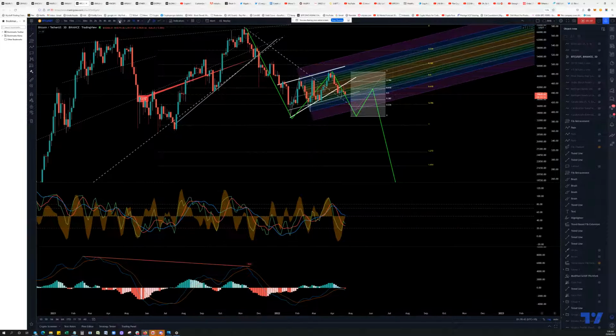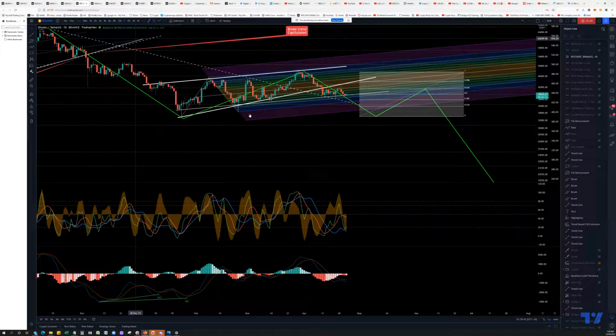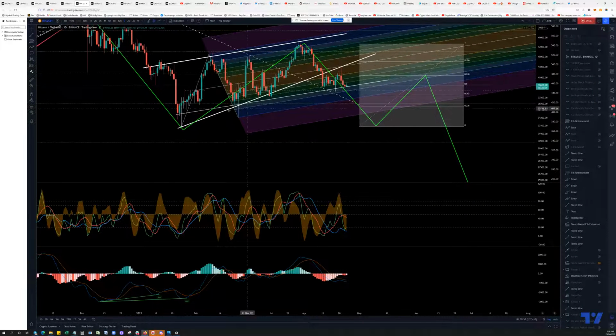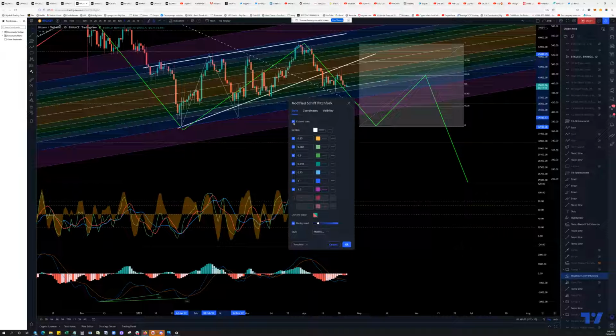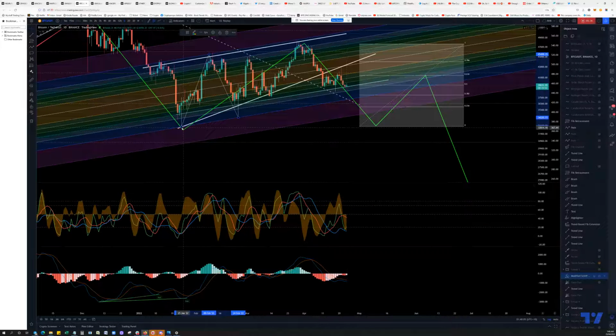And if we look up closely on the daily, it doesn't look like this is going to turn anytime soon. So if this was to come down, and if I was to extend this wick fib channel, you can see how it's got confluence.